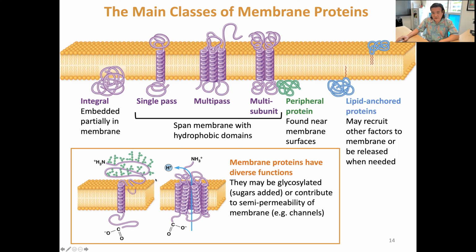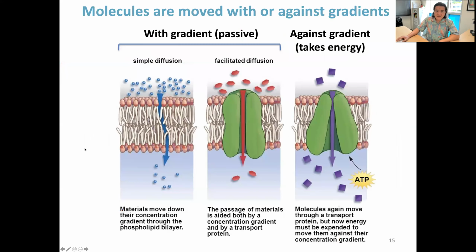And then this is just a reminder that membrane proteins have diverse functions. As part of being glycosylated, they can change their shape a lot. Or in some of them, like especially the multipass units that zigzag back and forth, they can form 3-dimensional channels. Okay? So then we started studying how things move across the membranes.